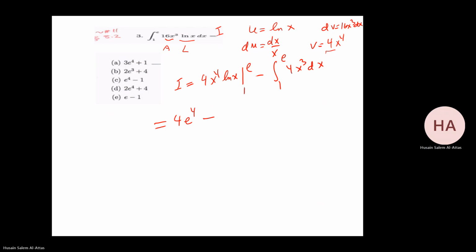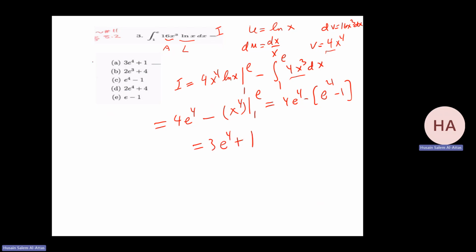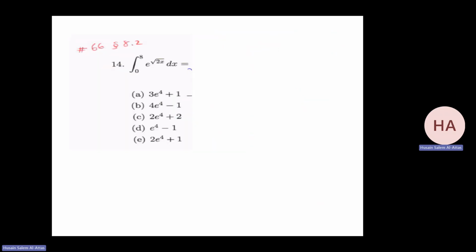Minus the integral, which is x to the power 4 from 1 to e. So I have 4 e to the power 4 minus e to the power 4 minus 1. So that gives me 3 e to the power 4 plus 1. And that will be my answer.